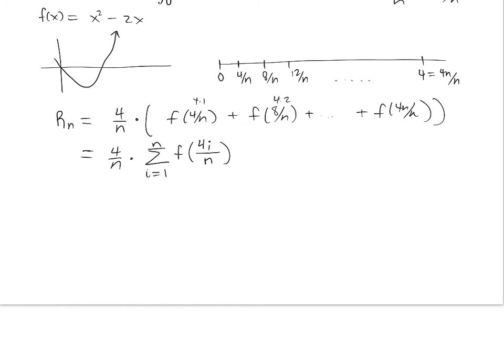Okay, and now what we're going to do with that is plug it into the function. So 4 over n, sum i equals 1 to n, and that becomes 4i over n, the quantity squared, minus 2 times 4i over n. That's just using what f of whatever means. Just plug the number into the function, right?